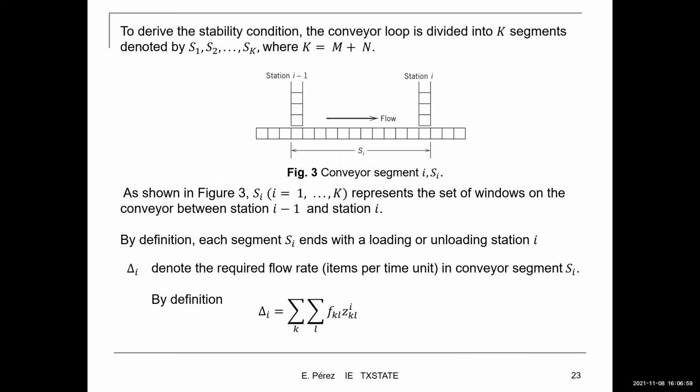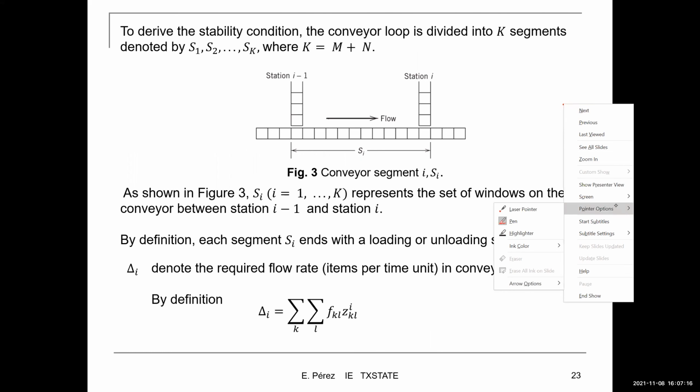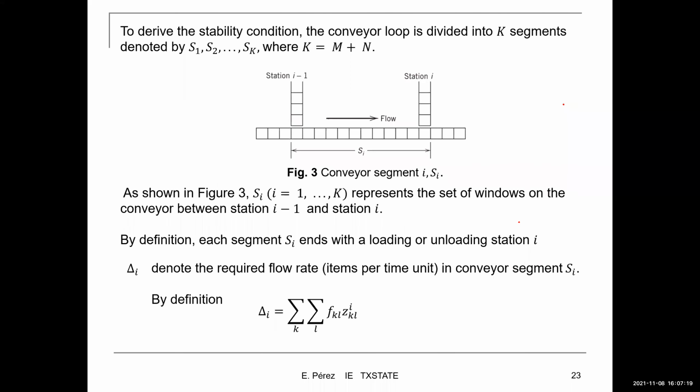So to derive the stability condition, the conveyor loop is divided into K segments denoted by S1, S2, up to Sk, where K is equal to M plus N. For example, a segment could be something like this Si, which contains all the windows between these two stations.